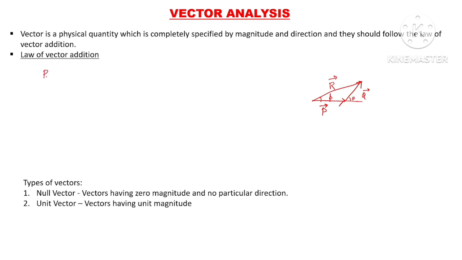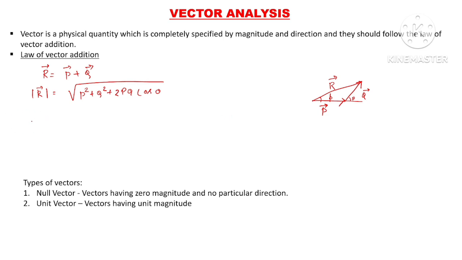So we can write down the resultant R is equal to P vector plus Q vector. This is the law of vector addition. If you try to find the magnitude of this vector, it will be the square root of P square plus Q square plus 2PQ cos theta, where theta is the angle between P vector and Q vector.